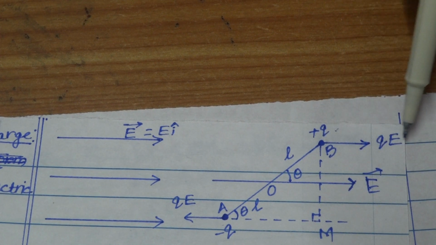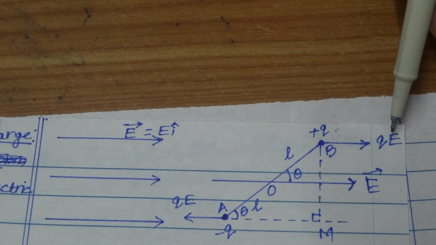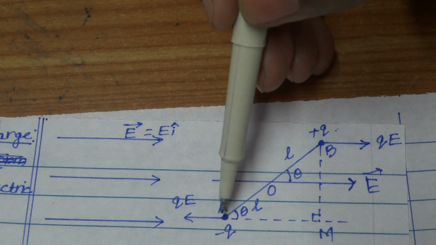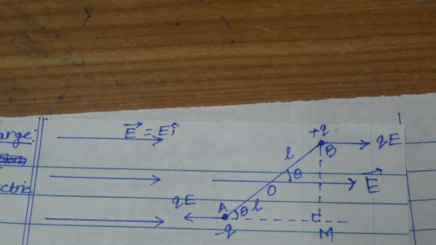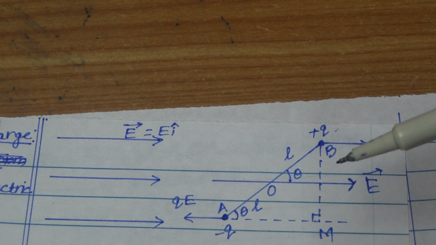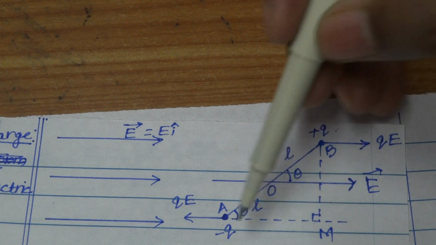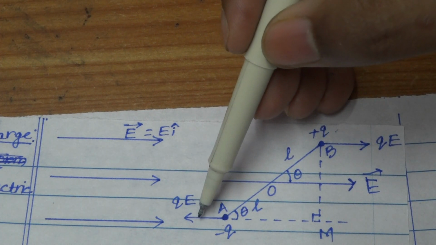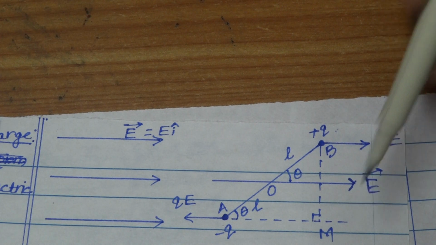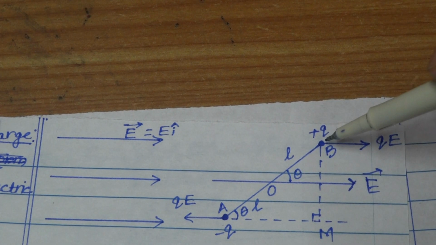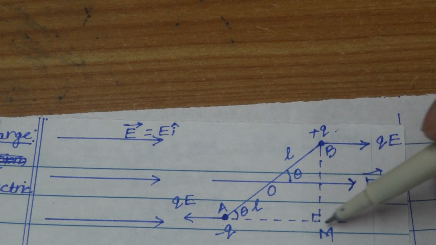This is the line of action of the force acting on the positive charge, and this is the line of action of the force acting on the negative charge. We have to find the perpendicular distance between those two lines. For that, let us produce this line in the backward direction.